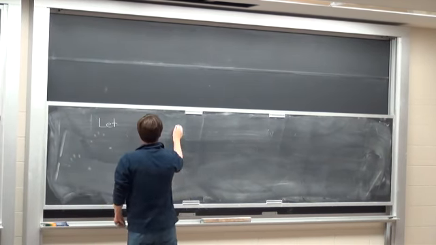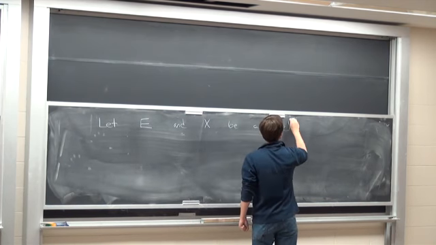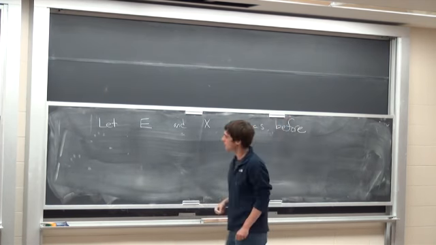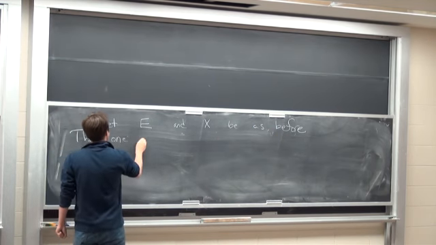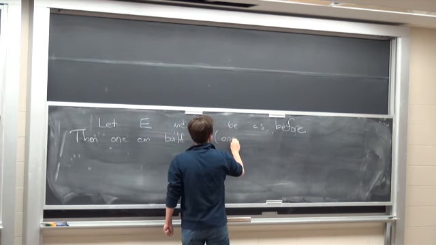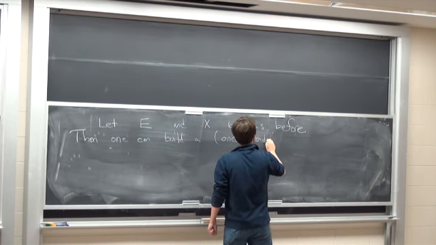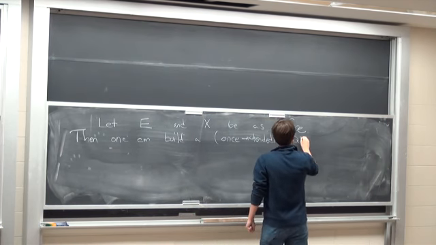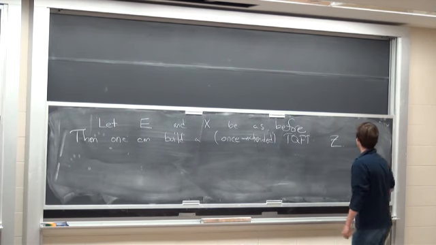Let E and X be as before. Then one can build a once extended topological quantum field theory, which I'll call Z.